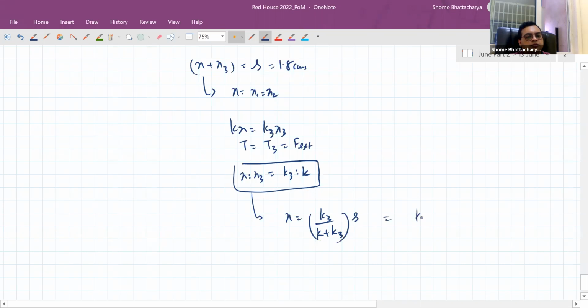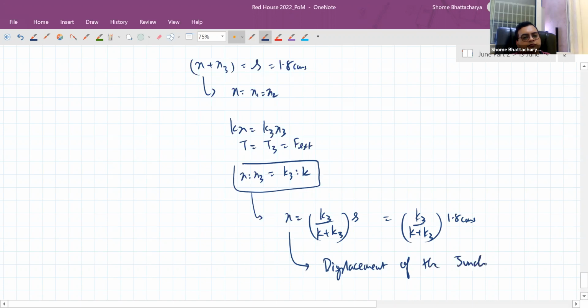Okay. So from this ratio, we'll be able to work out the last part, which is basically the displacement of the junction. Okay, so this is the way to deal with this type of question.